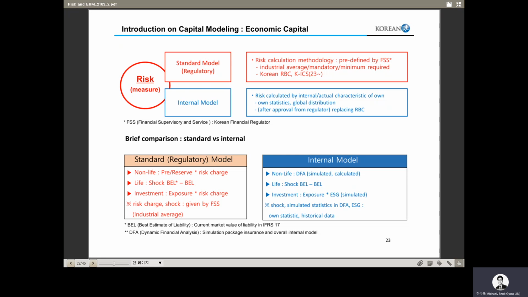ESG means economic scenario generator, which we are given by many vendors to predict and forecast our interest rate movement and stock movement as well. Briefly, the internal model's shocks and the simulated statistics in DFA and ESG are all based on our own statistics, our historical data. That is the biggest difference between standard and internal.